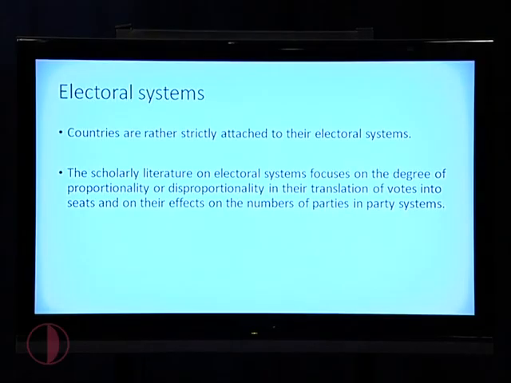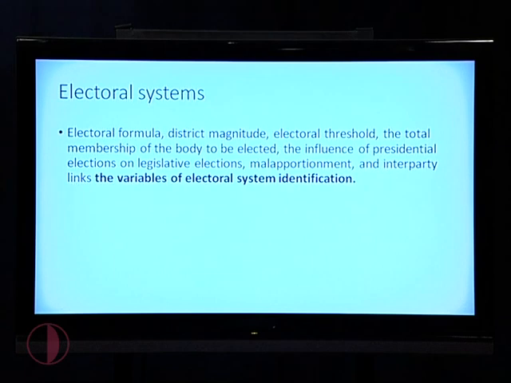Dear friends, countries are rather strictly attached to their electoral systems, and it is not very usual for countries to change their electoral systems. The scholarly literature on electoral systems focuses on the degree of proportionality or disproportionality in their translation of votes into seats and on their effects on the numbers of parties in party systems.